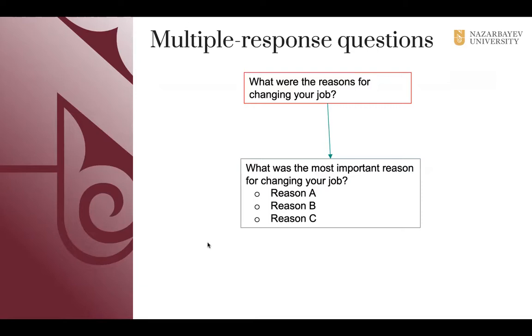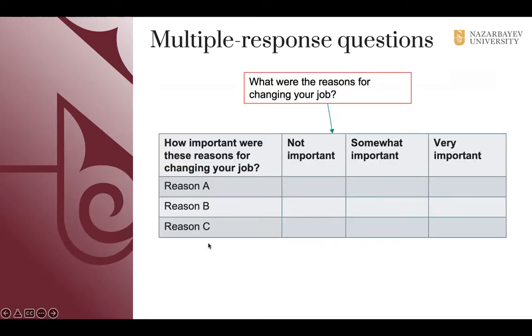Or please consider changing the question into a Likert scale matrix question, where you are able to measure the intensity of each response option. For example, asking how important were these reasons for changing your job, and then the respondent will rate each reason A, B, C on a scale of not important, somewhat important, and very important.